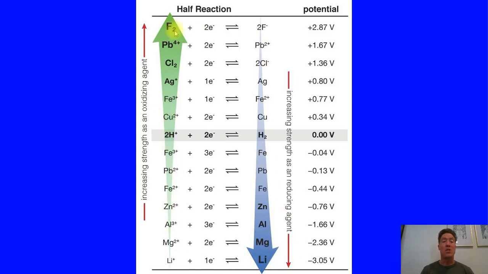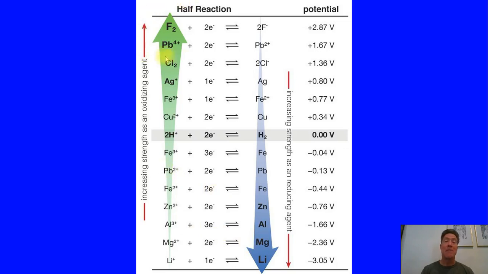So these want to be reduced, and so they are very good at grabbing electrons from other places. We say something that is strongly reduced is also a good oxidizing agent, because it's being reduced by causing the loss of electrons from someplace else.